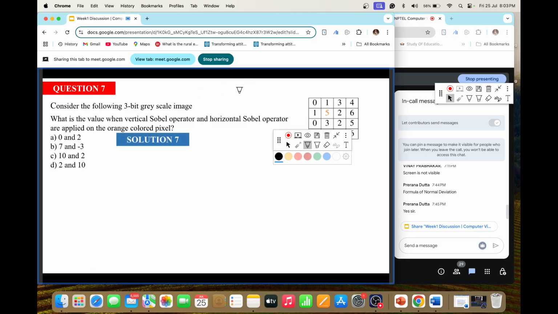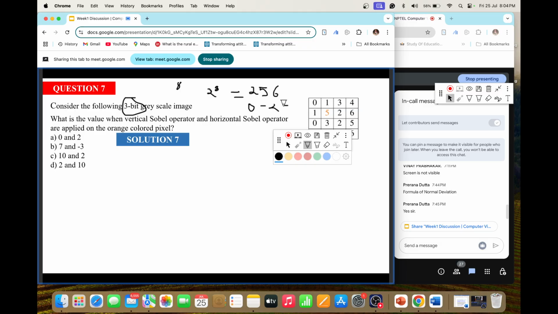Consider the following 3-bit grayscale image. Actually, our image is an 8-bit image. 8-bit means we are representing our pixel with 2 raised to the power 8, which is 256, so the pixel value is from 0 to 255.